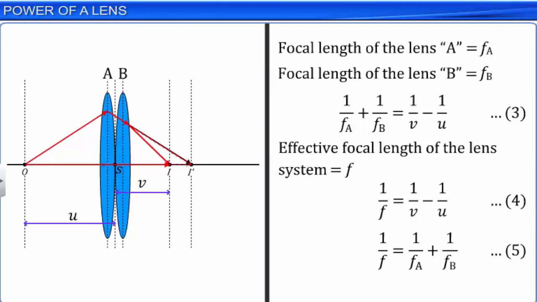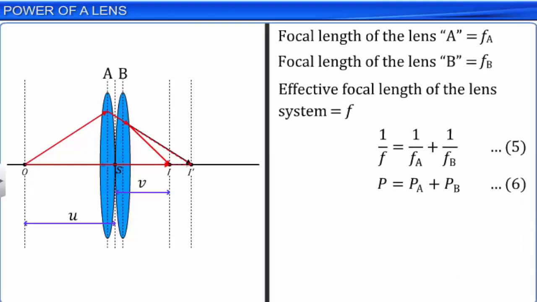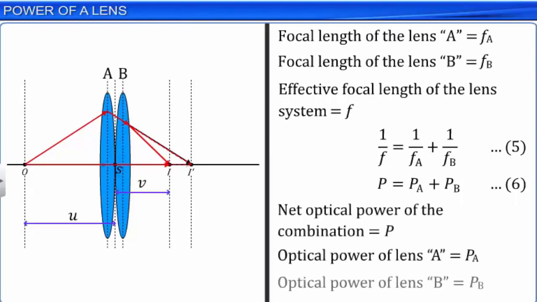For a system of n lenses in contact, we can write equations 5 and 6 as 1 by F is equal to 1 by F1 plus 1 by F2 plus so on up to plus 1 by Fn, and P is equal to P1 plus P2 plus so on up to plus Pn.